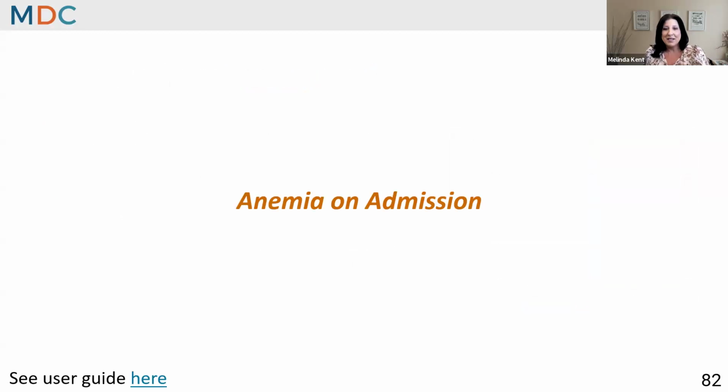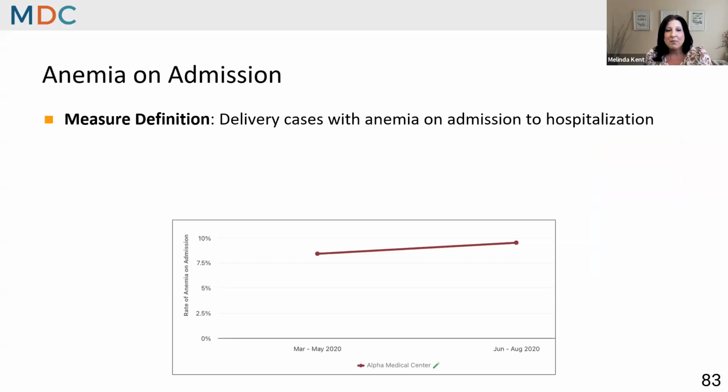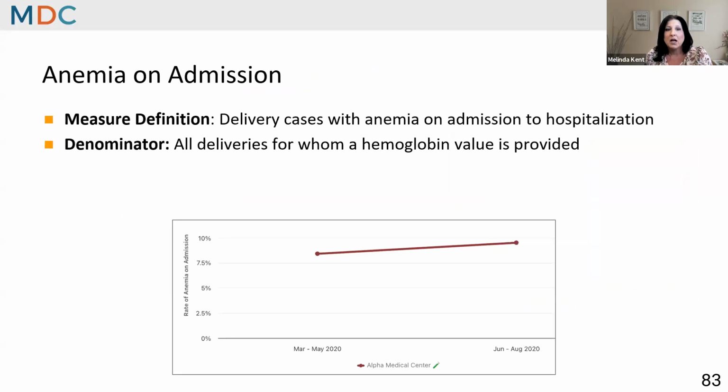Let's discuss anemia on admission. So the measure definition is delivery cases with anemia on admission to hospitalization. All deliveries for whom a hemoglobin value is provided is the denominator. So if the hemoglobin is not provided in the supplemental file, then it will not be on this chart.